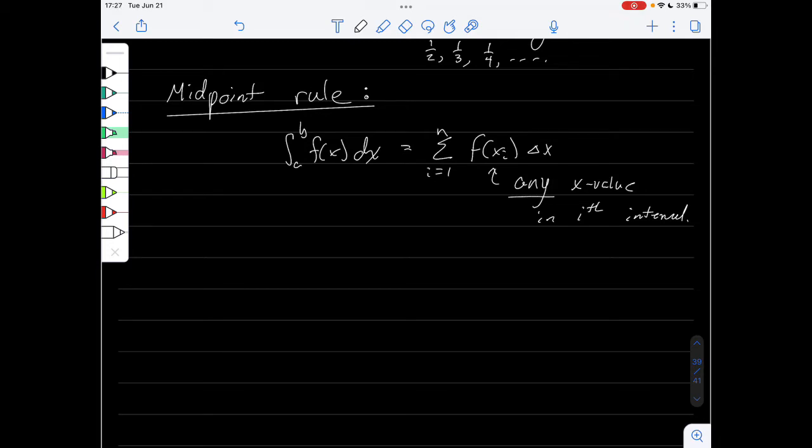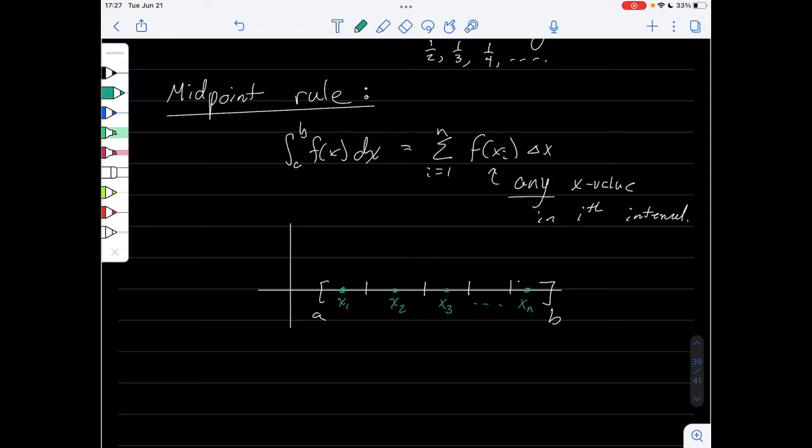And what we're going to do, as is stated in the midpoint rule, we're just going to pick the midpoint of these intervals. So if I break up a to b into fairly even parts, our x1 is going to be right here, our x2 is going to be right here, x3, and so on.